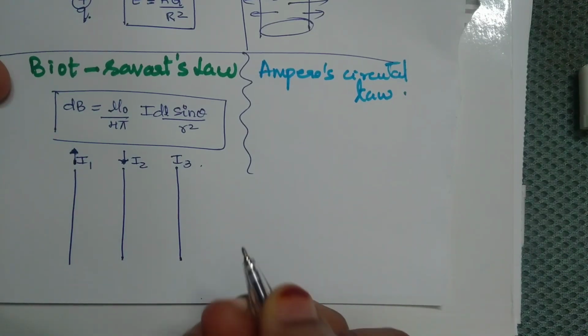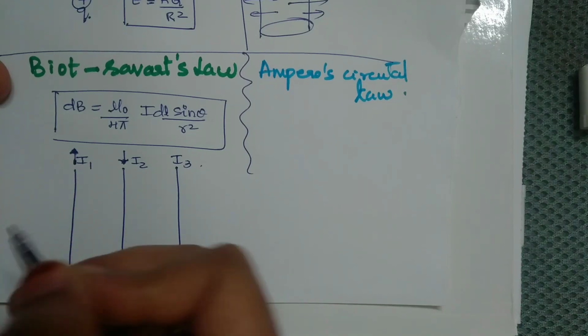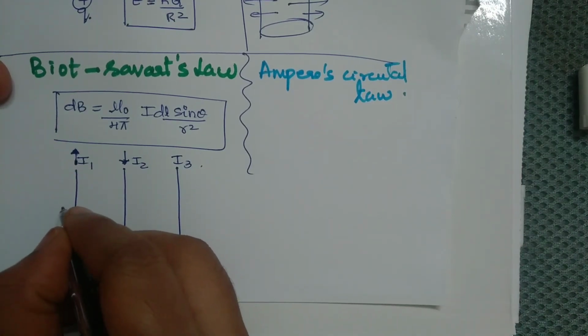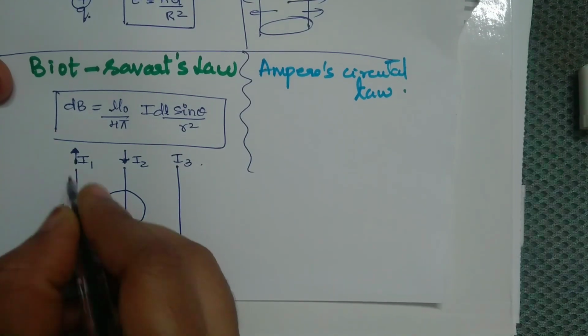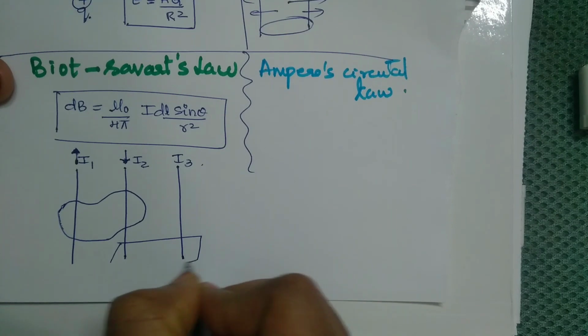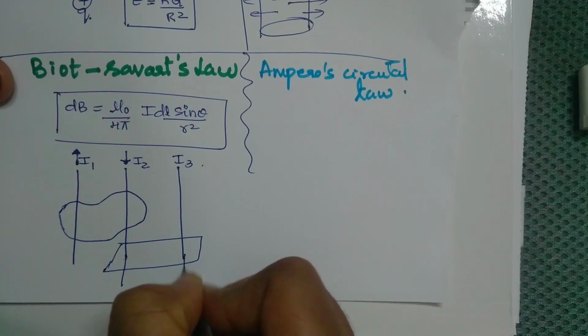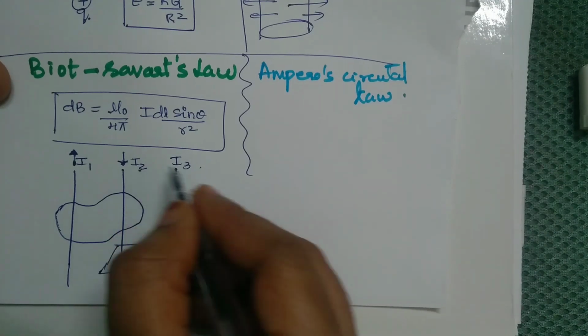It does not matter, we can choose the closed loop anywhere we wish. Suppose I take a closed loop which encloses the currents I1 and I2. I can also consider a rectangle, which is again a closed loop, and it does not depend on the shape, enclosing here I2 and I3.